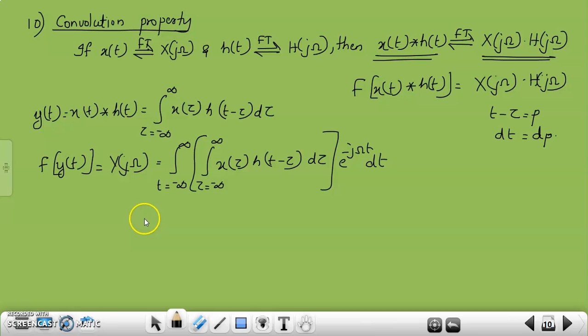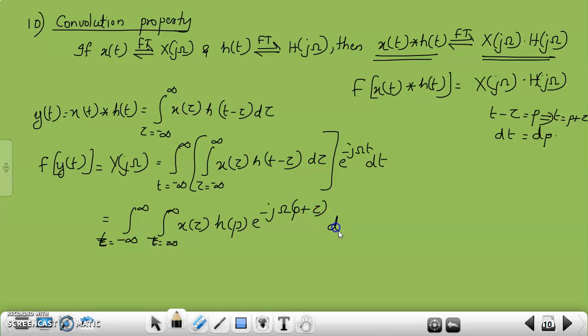Substituting that, we get the integral over tau from minus infinity to infinity of x of tau h of p, because t minus tau is substituted as p, and e raised to minus j omega t, where t changes to p plus tau, dt changes to dp, and here you have d tau.